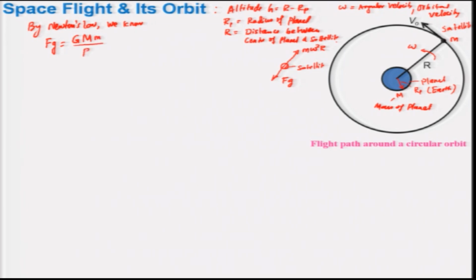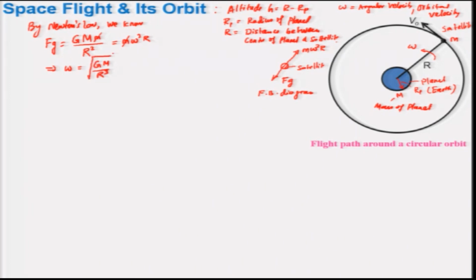From the free body diagram of the satellite, the gravitational force is equal to the pseudo centrifugal force, m omega square r. The mass of the satellite cancels out, and you get omega, the angular velocity with which the satellite is moving, equal to the square root of G M by r cube.